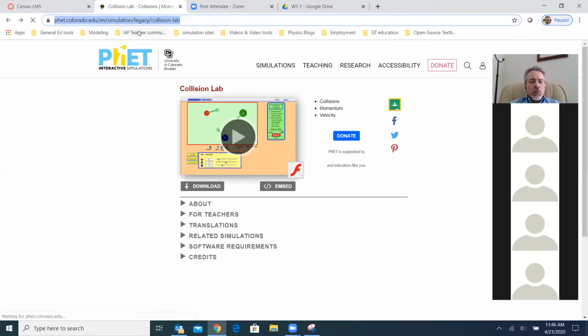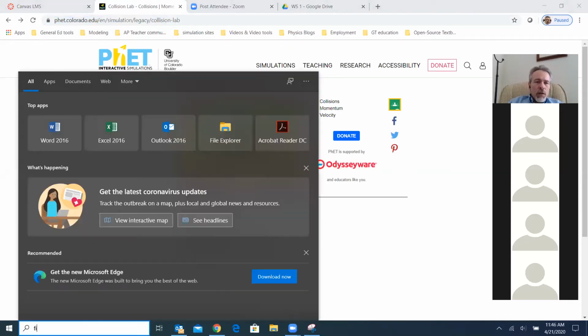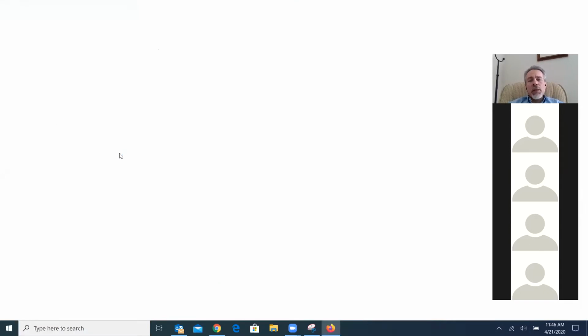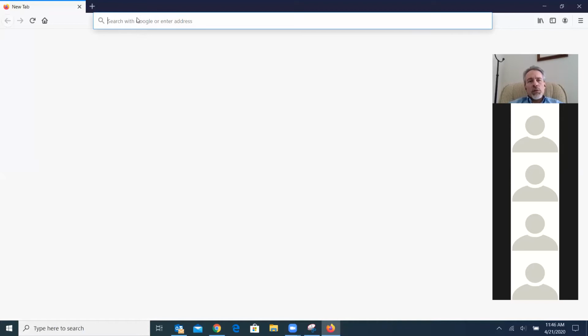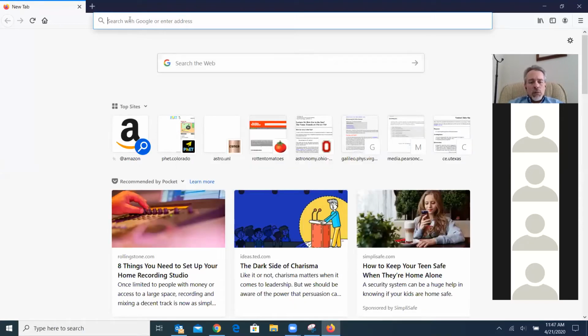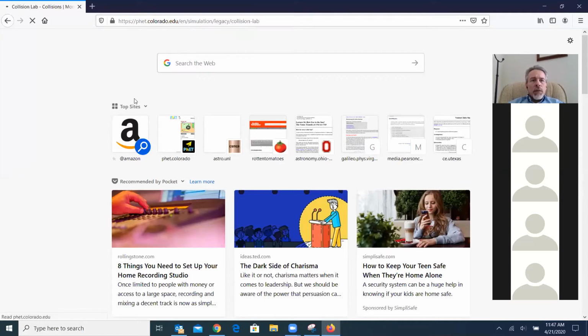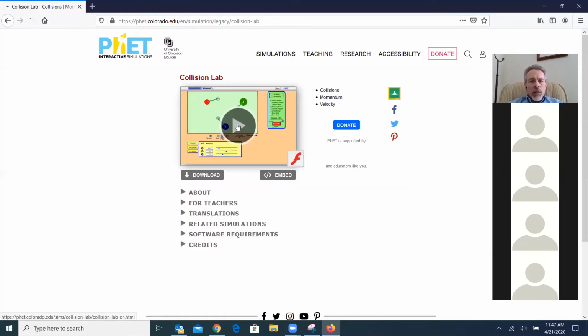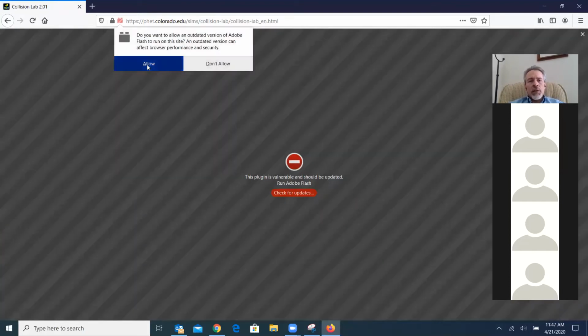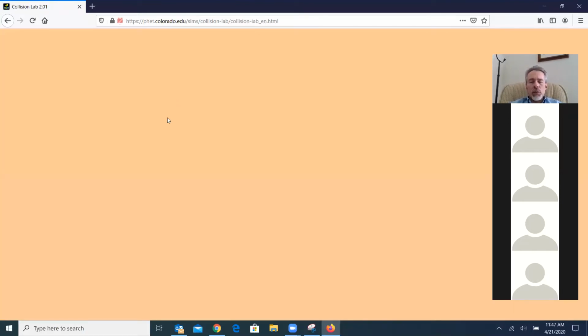What you have to do is copy this URL and open up Mozilla Firefox. I'm going to paste it in. By the way, this is all written down in those directions. Now when you click on play, it'll look like it doesn't work, but click again and just say allow, and then it totally works.